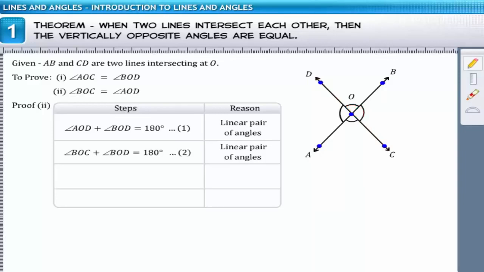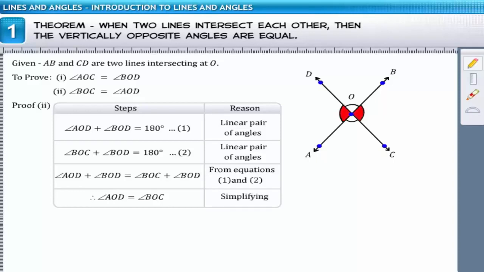Now, since the RHS of both equations 1 and 2 are equal, on equating the LHS of both the equations, we get angle AOD, which is equal to angle BOC. These are vertically opposite angles.